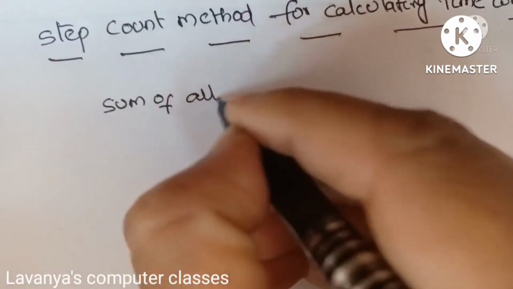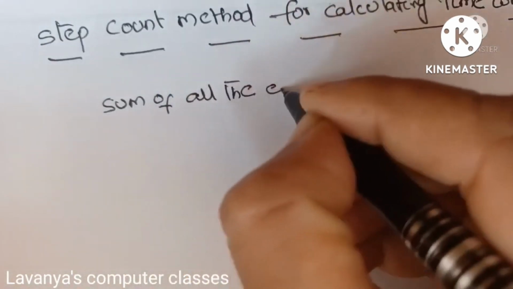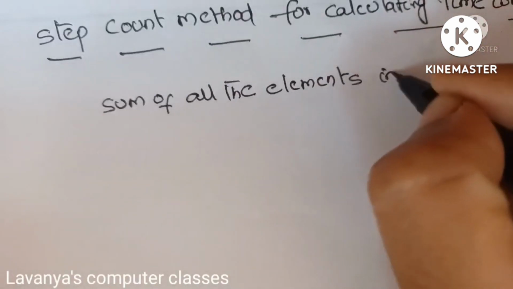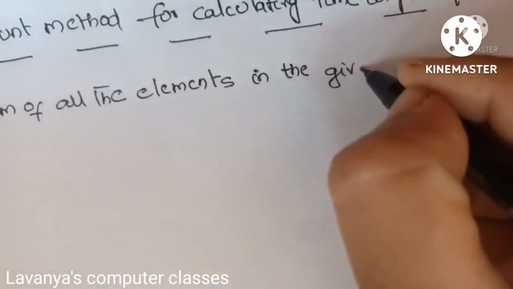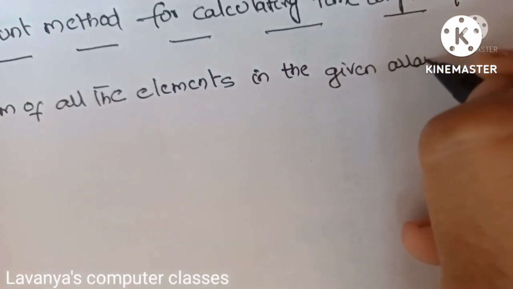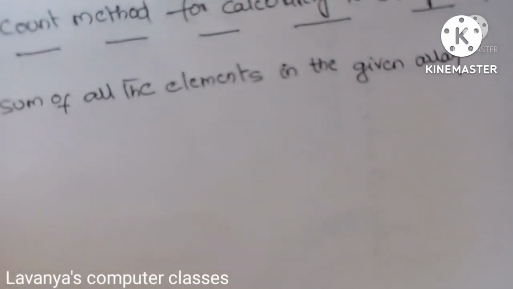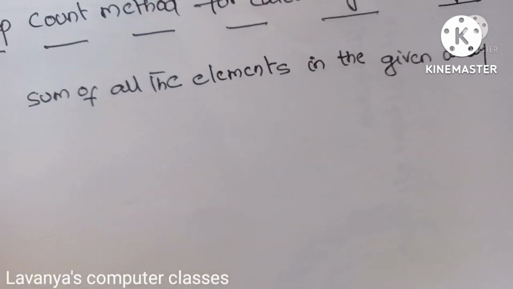For example, I want to calculate the sum of all the elements in the given array. This is the program. First I will write the algorithm for this program and then find the time complexity of this program.